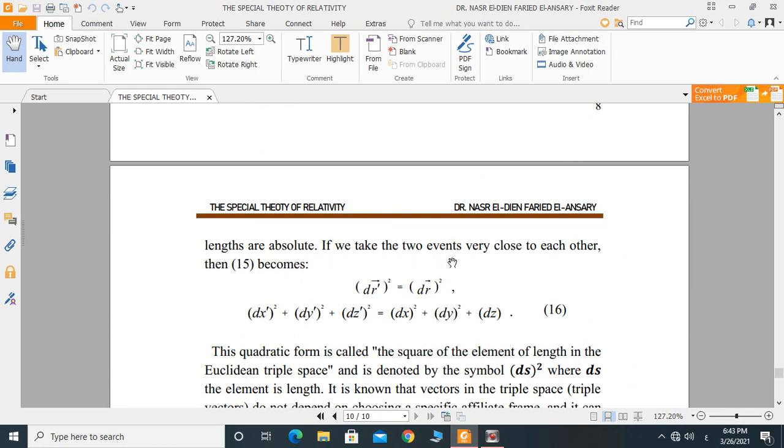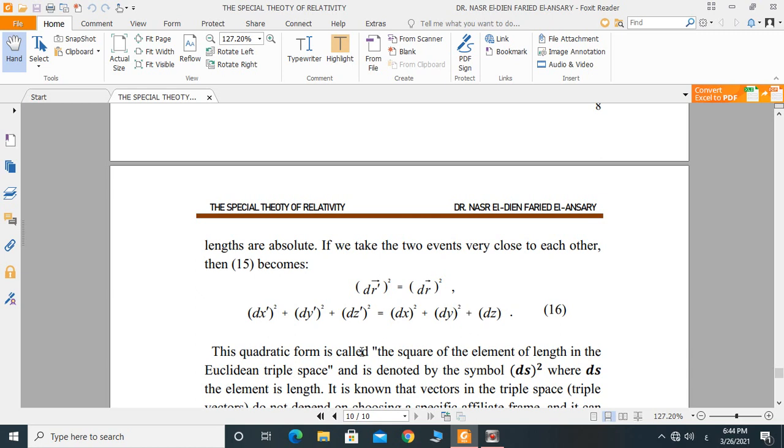If we take the two events very close to each other, then relation 15 becomes dr dash square equals dr square. Or, by using the components of these two element vectors, we get dx dash square plus dy dash square plus dz dash square equals dx square plus dy square plus dz square.